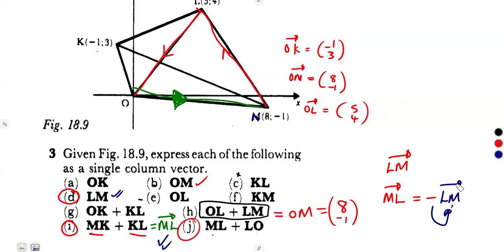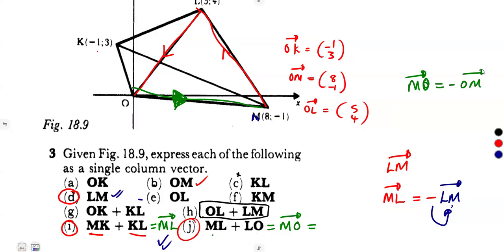So this is simply equal to vector MO. If we have vector OM, MO is simply the opposite. It is simply a negative of vector OM. Just multiply OM by a negative. So it's going to be -8, negative times negative, +1. That's our vector MO here. So that's -8, 1, just like that.